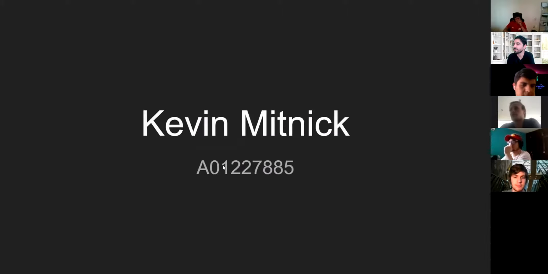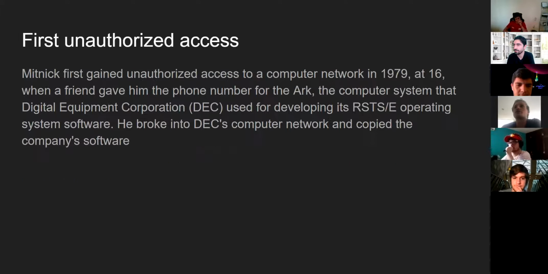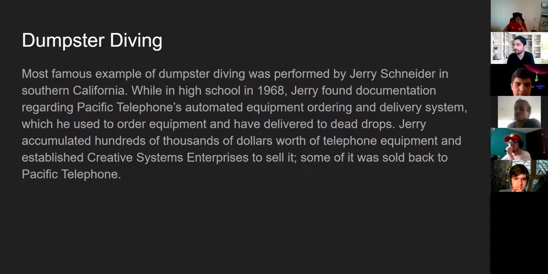Our guy Kevin Mitnick actually did dumpster diving too. He went to a bus and asked the driver if he could have a ticket checker for a school project.